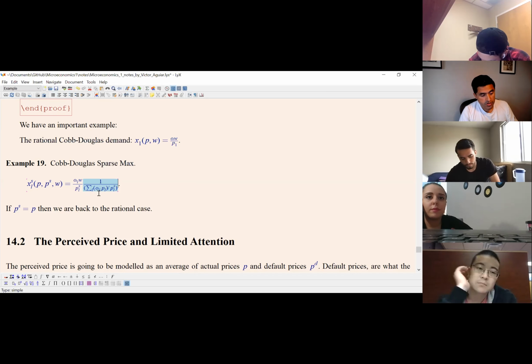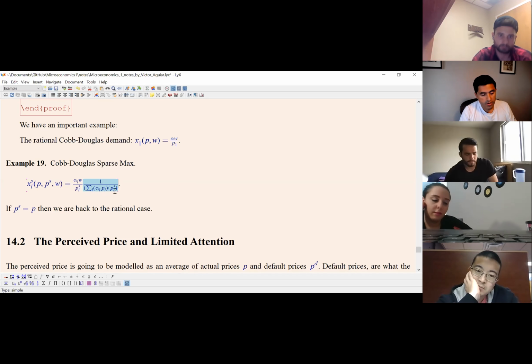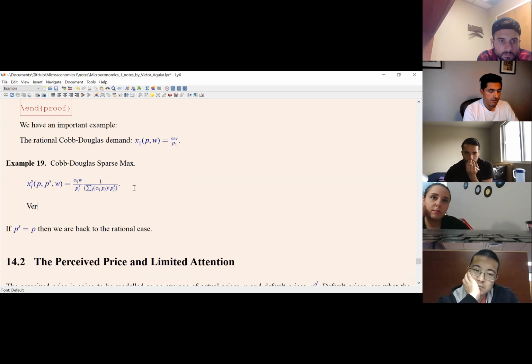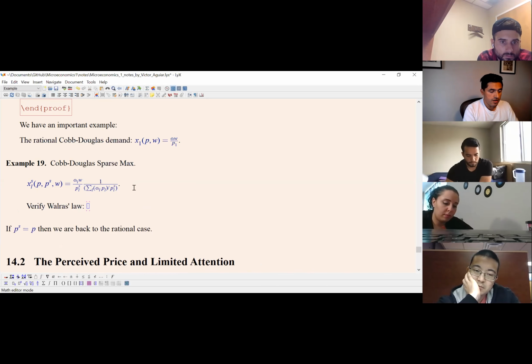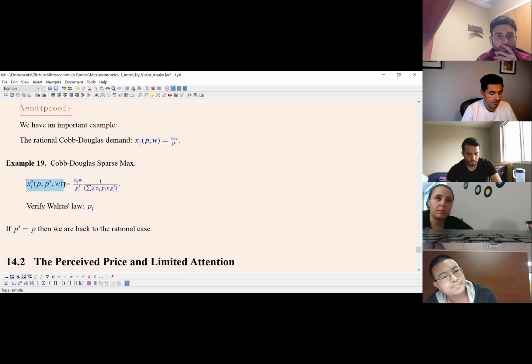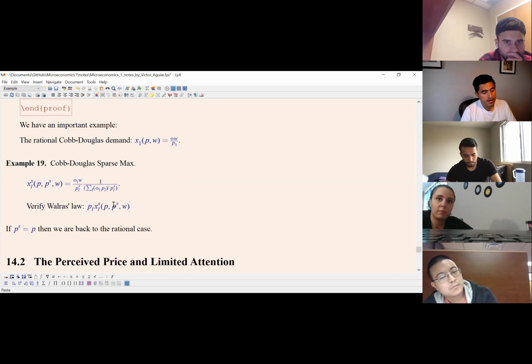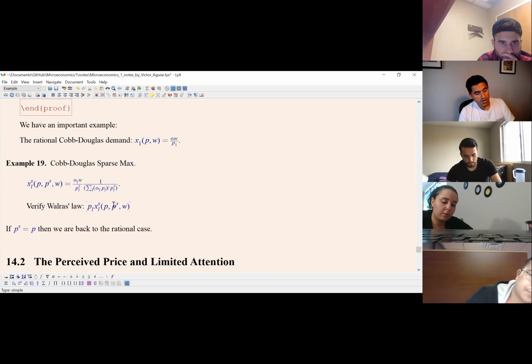So what is the correction term? It's 1 over a summation over goods of alpha PL divided by PLS. So let's verify Walras law. Take PL, multiply it by XL, and then you go here and multiply this PL here.